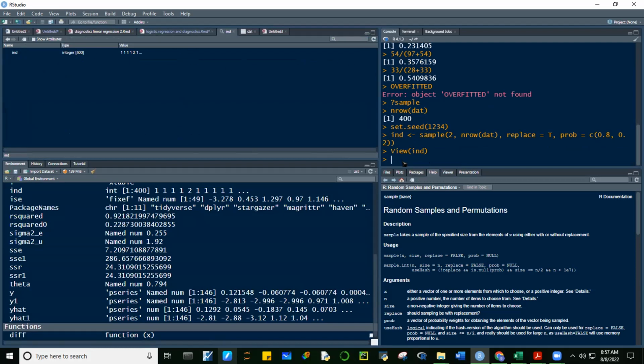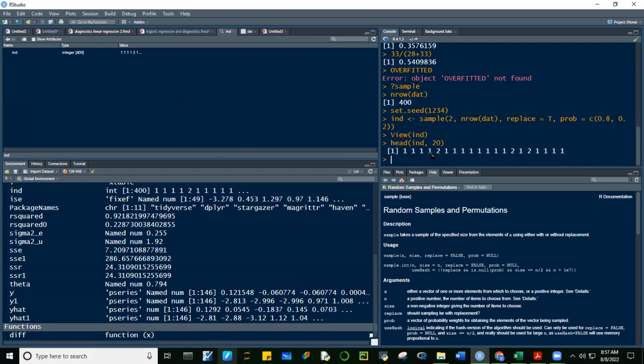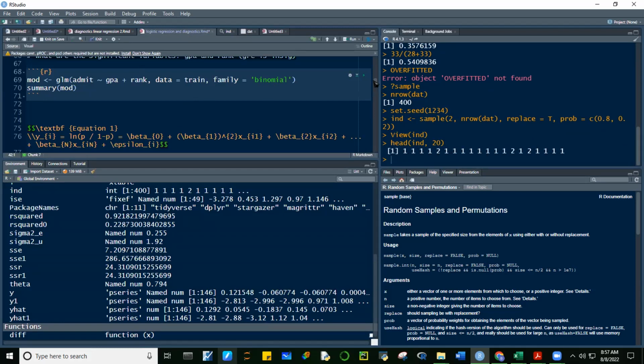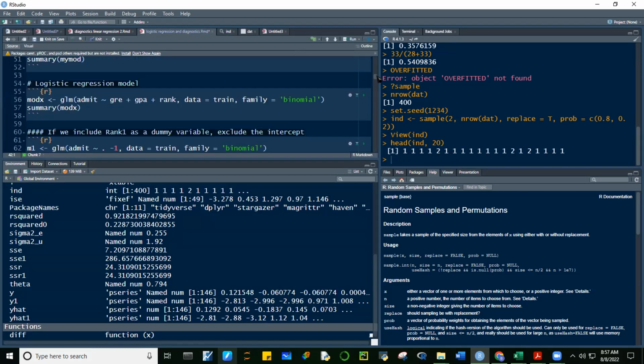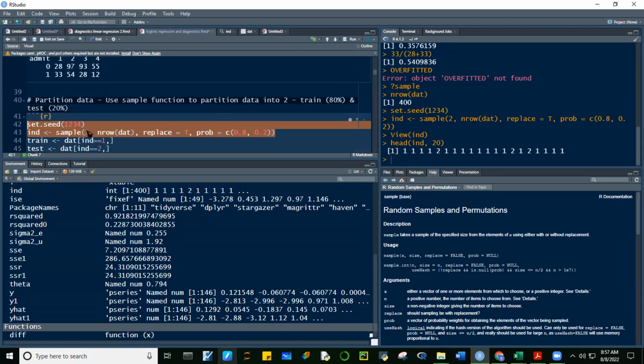So let's take a look at head ng ind, first 20. So these are the first 20 elements of the object ind. Saan galing si ind? Si ind, create natin by getting a sample. Sample ng dalawang sample, para i-split niya yung data natin, yung dot, into 2. So ito 1 1 1 1 2 1 1 1 1 1 1 2 etc.